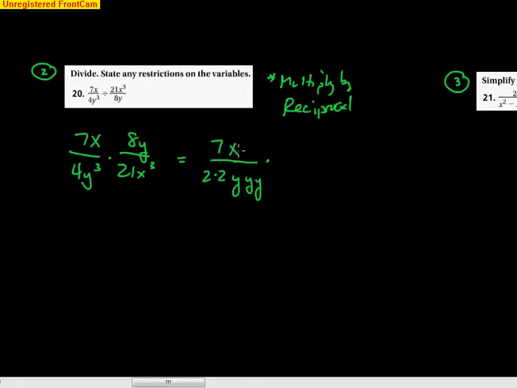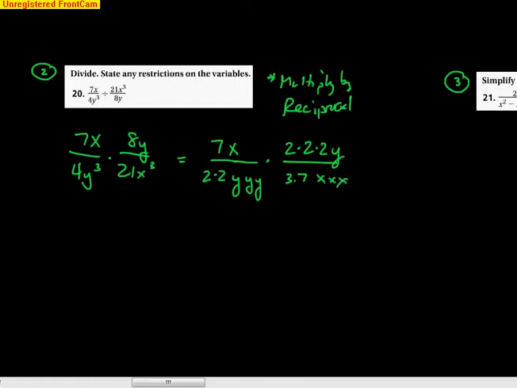I'm breaking it down into its small parts, okay? Now, 8 here can be written as 2 times 4, and 4 can be written as 2 times 2. So 8 is 2 times 2 times 2. That'll make me 8 if I multiply them all together. And I have a y over, and now 21 can be broken into 3 times 7. And I see 3 x's, x, x, x.